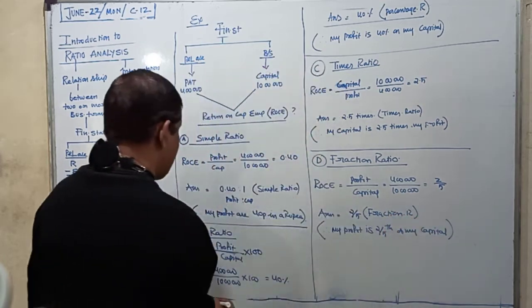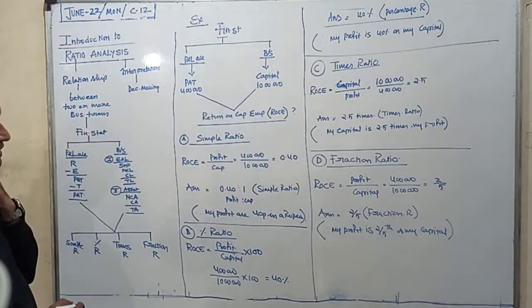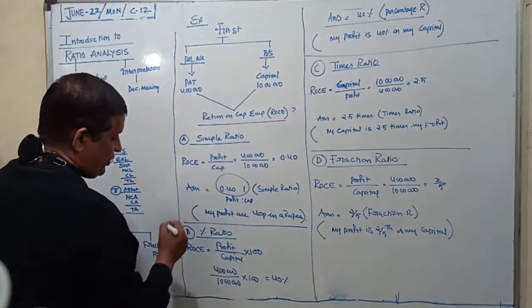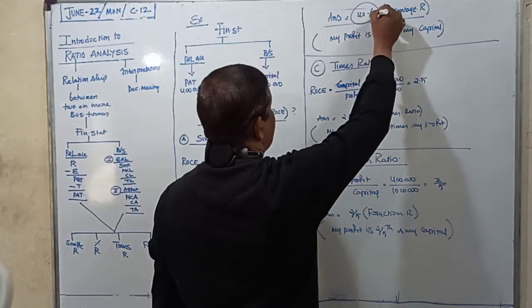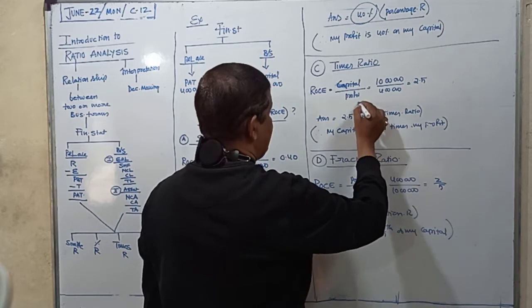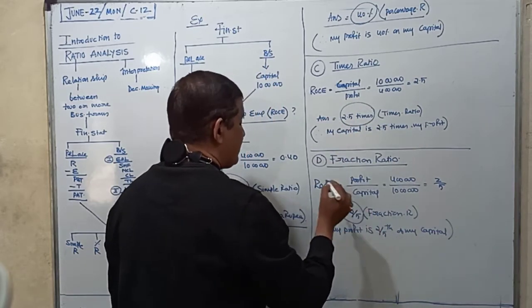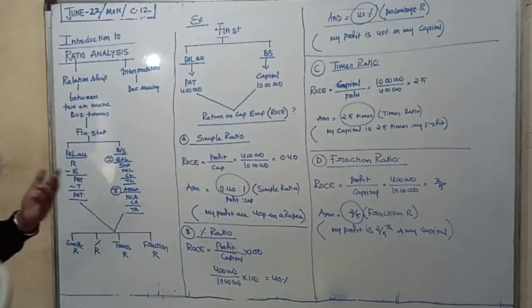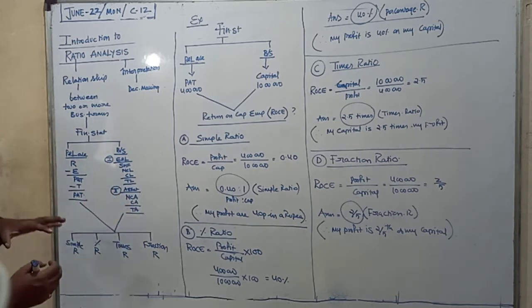So the same example where my profit is 4 and my capital is 10 lakhs, we expressed here as a simple ratio, here as a percentage ratio, here as a times ratio, and here as a fraction ratio. So the mode of expression depends upon the kind of ratio for which we are calculating the data. But this is the expression of a ratio.